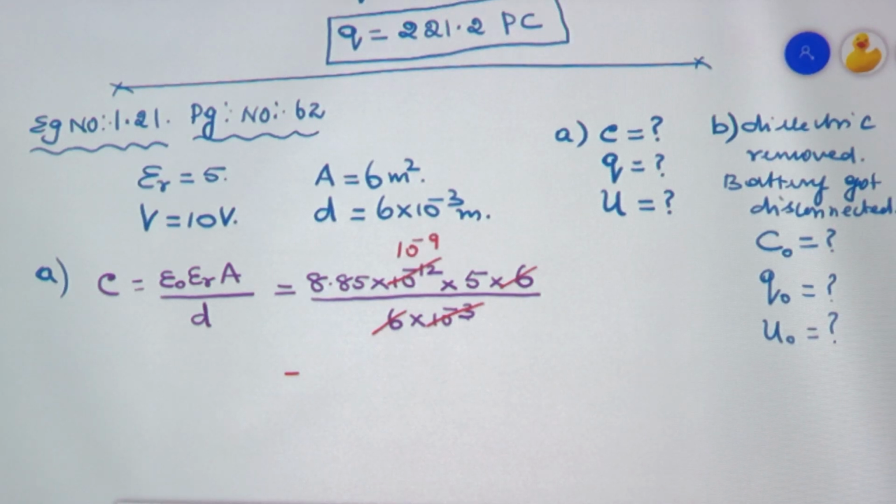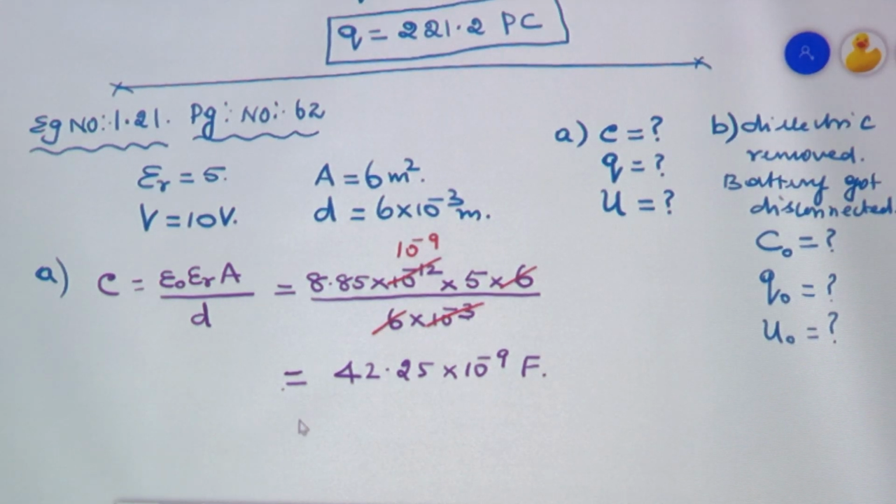So what will be your answer? Multiply 5 into 8.85, which is 44.25, so I am getting the answer as 44.25 into 10 to the power of minus 9. Here capacitance is being calculated, so the answer is in terms of farad.